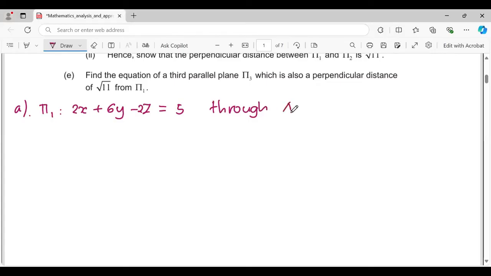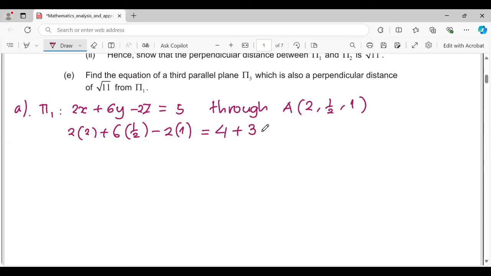Through a coordinate point A, 2, half, and 1. So substitute this coordinate point into this plane, and it becomes 2 times 2, 6 times half, 2 times 1. And it equals 4 plus 3 minus 2, because 2 times 1. It equals 5.